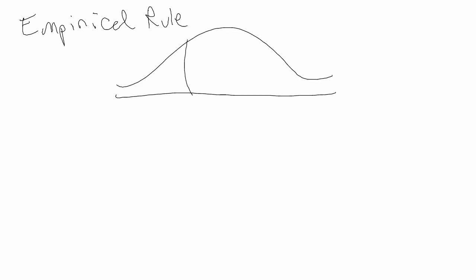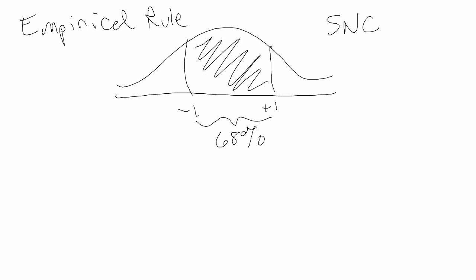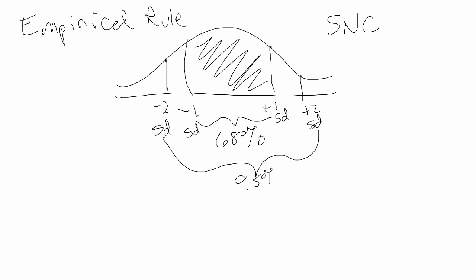Okay, which says, here's the standard normal curve. 68% of the data is between -1 and +1 standard deviations. 95% of the data is between -2 and +2 standard deviations, and between -3 and +3 standard deviations from the mean.